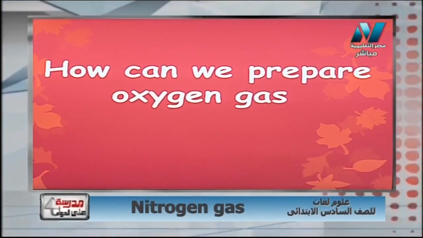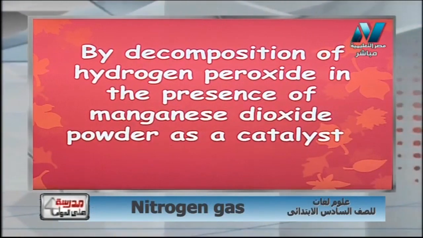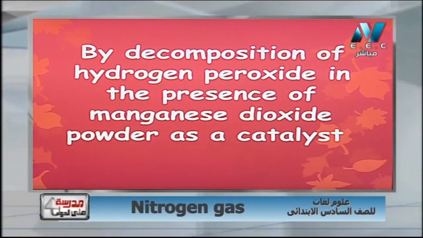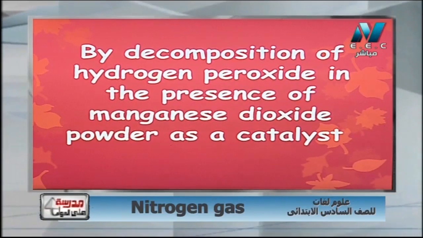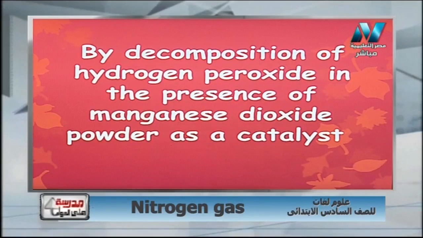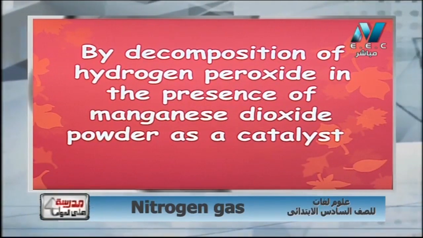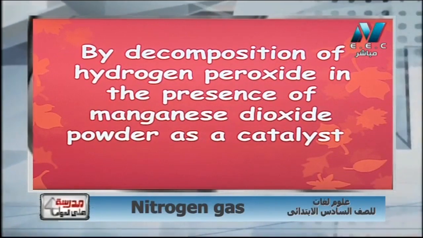We can prepare oxygen gas, as we know, by the decomposition of hydrogen peroxide, which we also called oxygen water, or in commercial language, "oxygen water", in the presence of a very important substance called manganese dioxide powder as a catalyst.